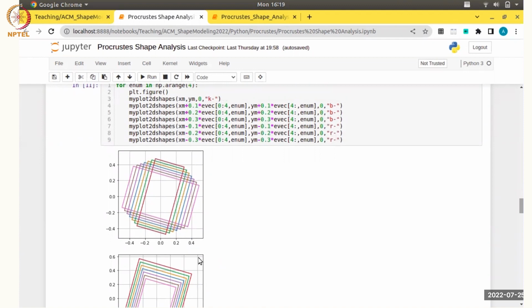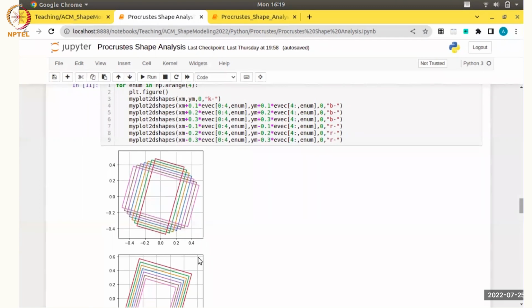The black rectangle, I don't know if it is visible to you or not, is somewhere exactly in the middle. That's your mean shape, the mean rectangle. Then, as we saw in the slide, it is the mean plus 0.1 times the first eigenvector, plus 0.2 times the eigenvector, plus 0.3 times the first eigenvector, minus 0.1 times the first eigenvector, and so forth. That's the 7 rectangles that you can see.